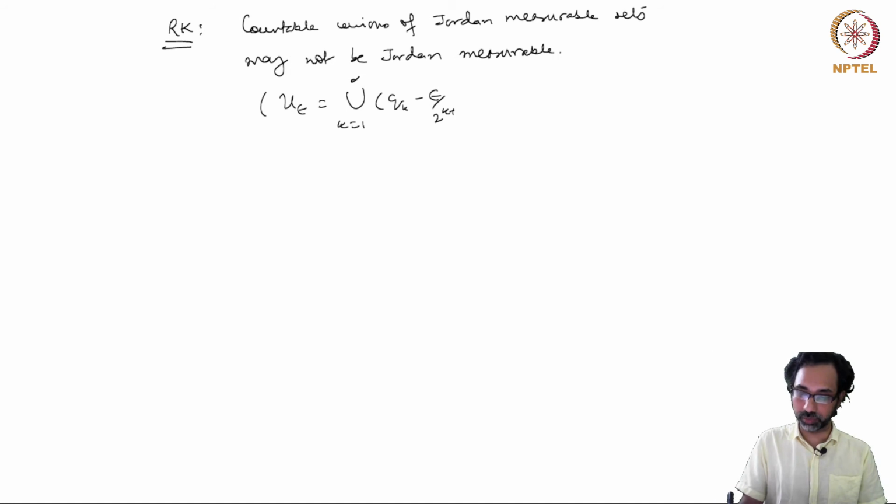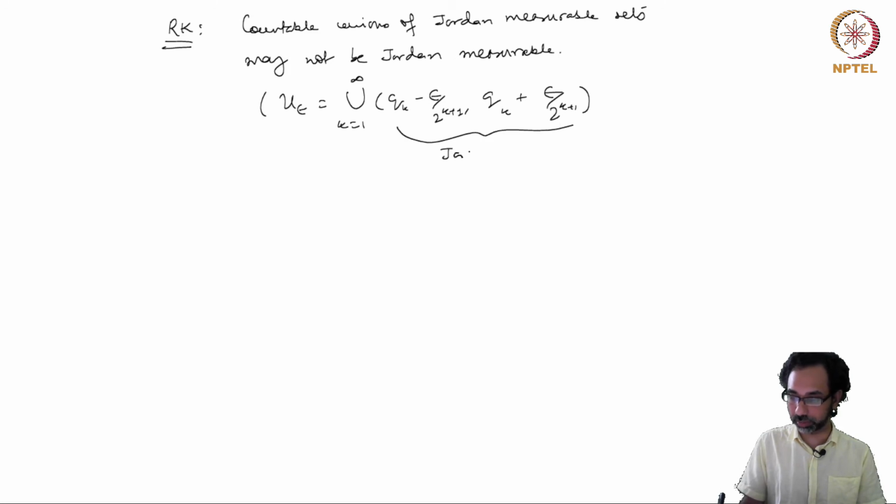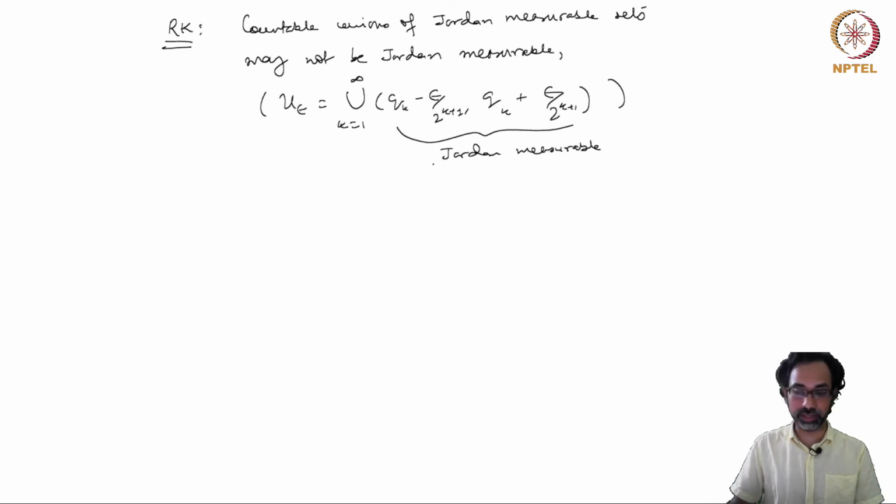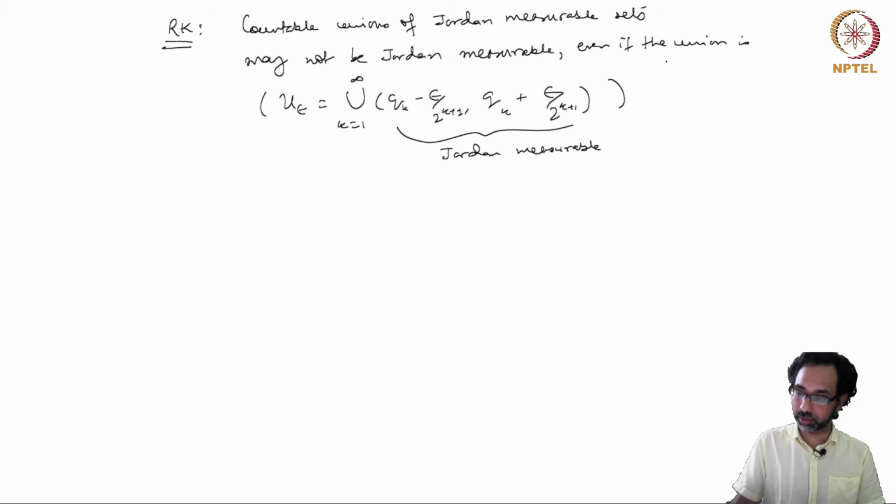k equal to 1 to infinity, (qk minus epsilon by 2 to the power k plus 1, qk plus epsilon by 2 to the power k plus 1). So each of these is just an interval, so it's a Jordan measurable set, but the union is not Jordan measurable even if the union is bounded.